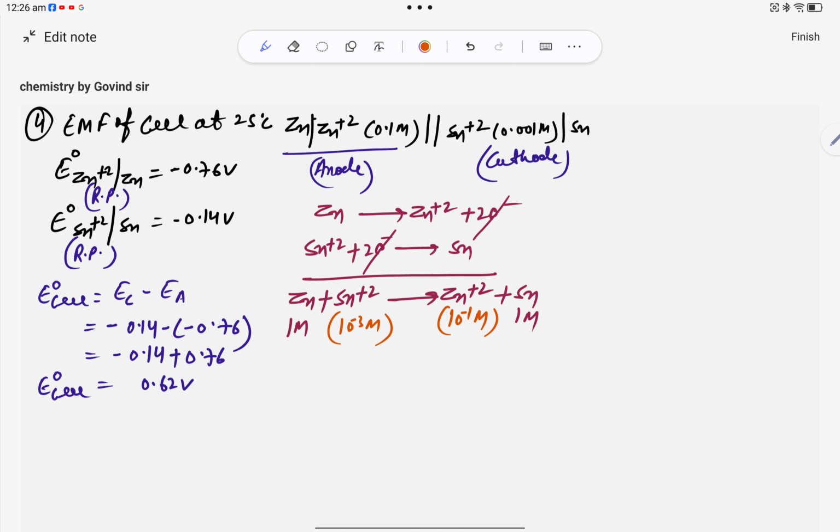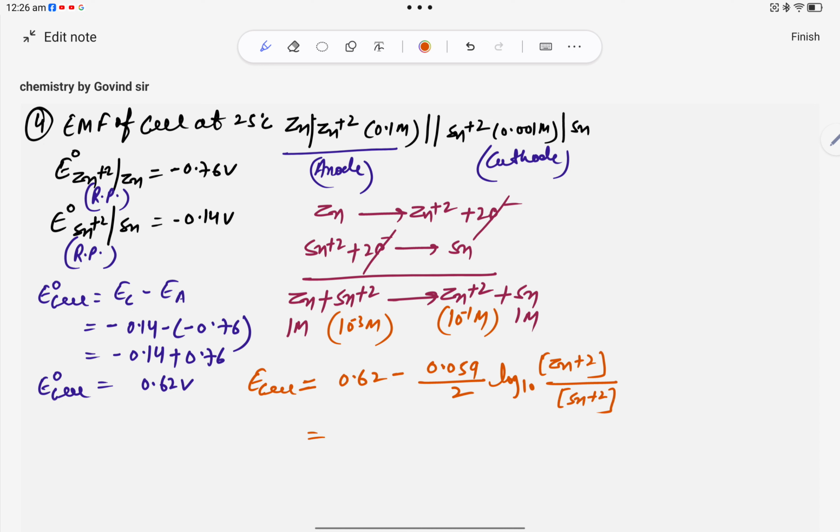Now E cell is equal to, direct value I am putting, E naught of cell 0.62 minus 0.059 upon electron transfer 2, log of product Zn2+ upon Sn2+.